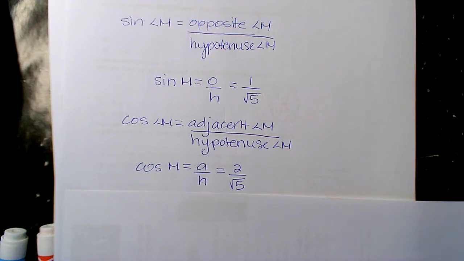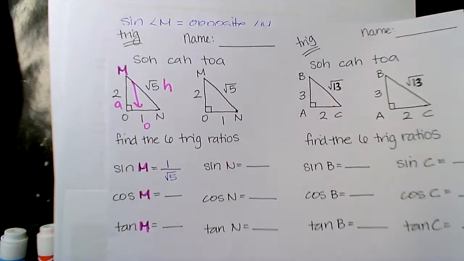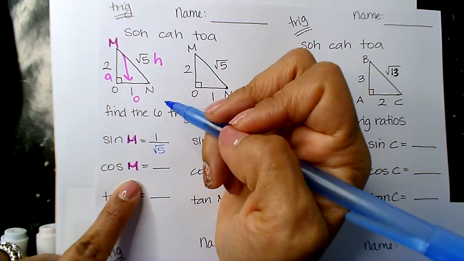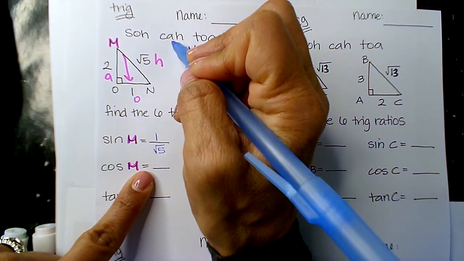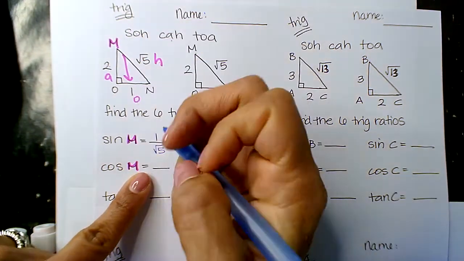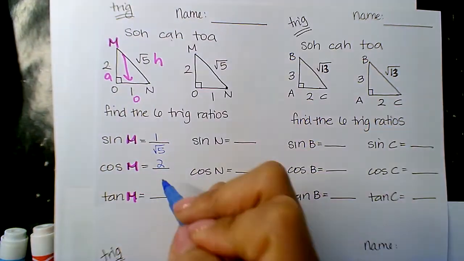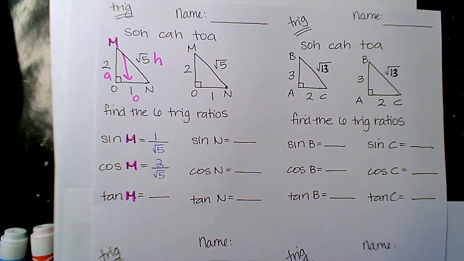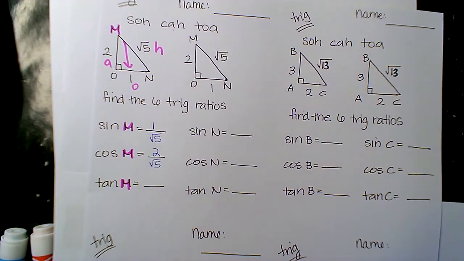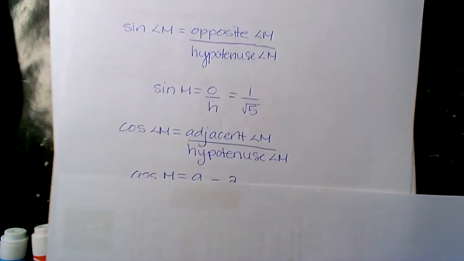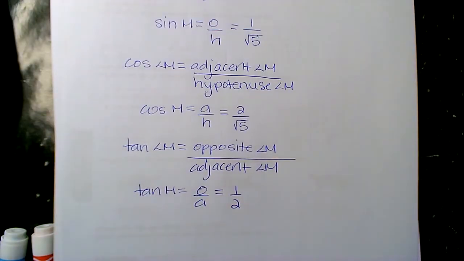Okay, so if I look at my worksheet, cosine of angle M is CAH, A over H. A is 2, H is rad 5. And then tangent, again, and you'll only see it written out like this until we do inverses.